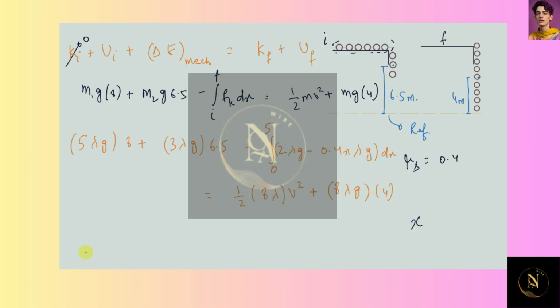Now we're going to further simplify it. So we'll get 40 g plus 19.5 g minus 2 g integration 0 to 5 dx plus 0.4 g integration 0 to 5 x dx is equal to 4 v square plus 32 g. We have cancelled lambda from both sides of the equation.